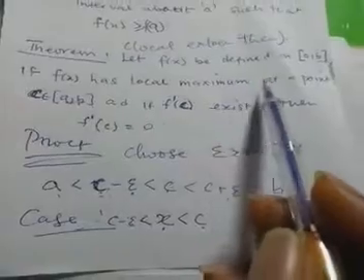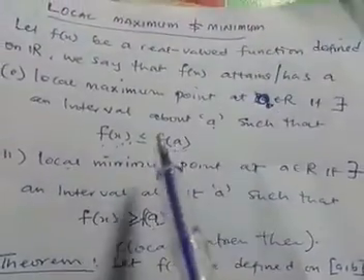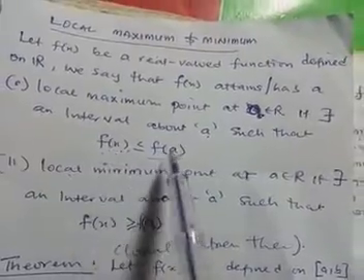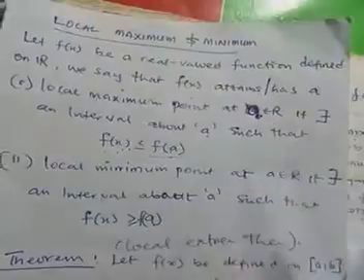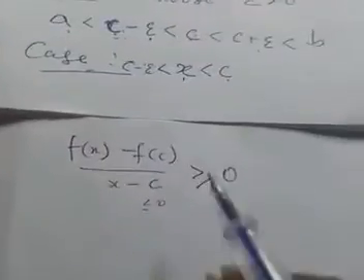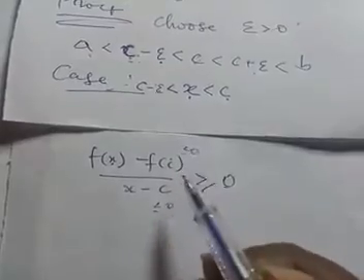But since f has a local maximum at that point, by definition, f of s must be less than or equal to f of c. That is the reason why we now conclude that definitely, if this one is less than or equal to 0, this one will also be less than or equal to 0.